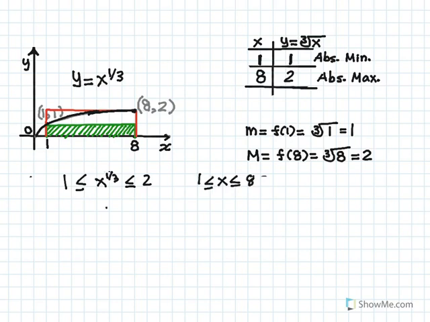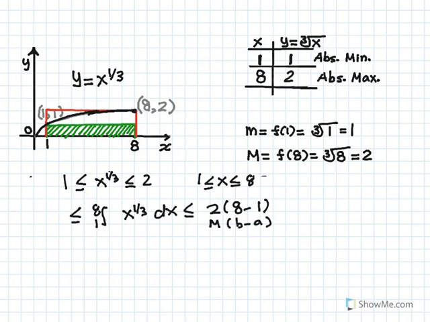Now let's apply the property. The definite integral from 1 to 8 of x to the 1/3 dx is less than or equal to 2 times 8 minus 1, this is capital M times b minus a, and larger or equal to 1 times 8 minus 1, this is small m times b minus a.